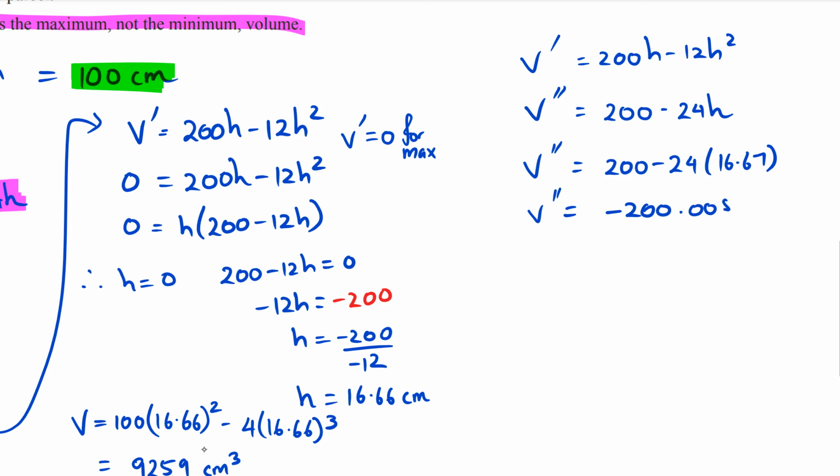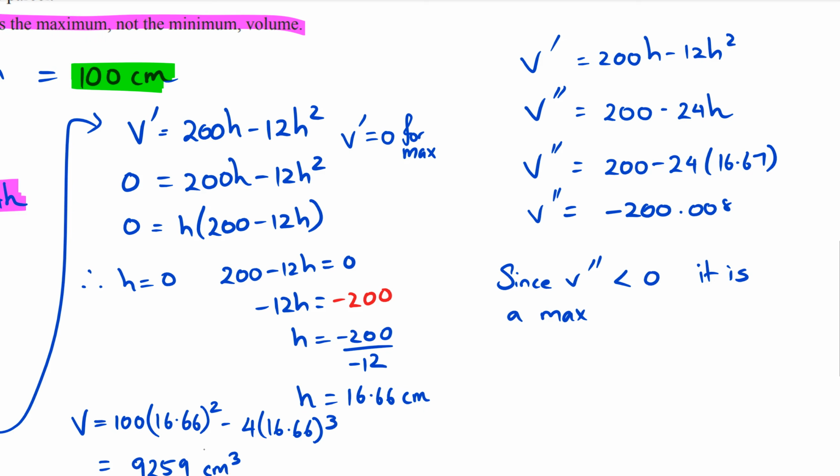It doesn't really matter because all we really care about is the sign. And then we can say that since v double dash is less than 0, it is a max. So simply saying that would be more than enough to get that merit.